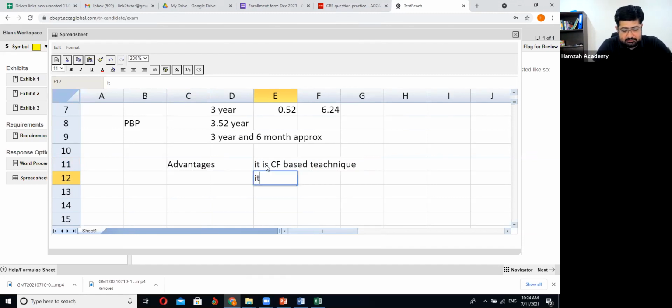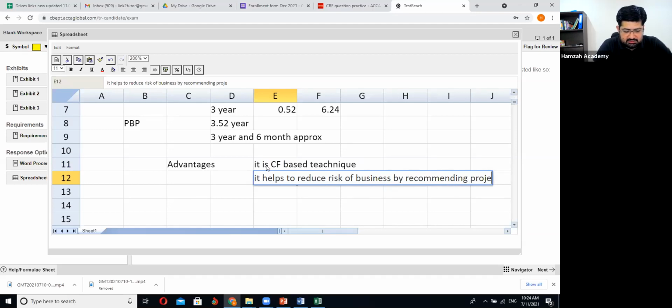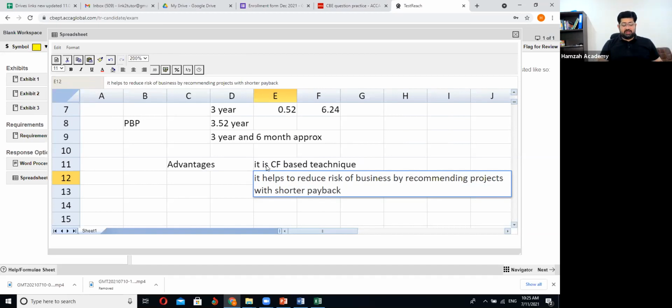Second, it helps to reduce risk of business by recommending projects with shorter payback. Yes, that you accept a project which has shorter payback.